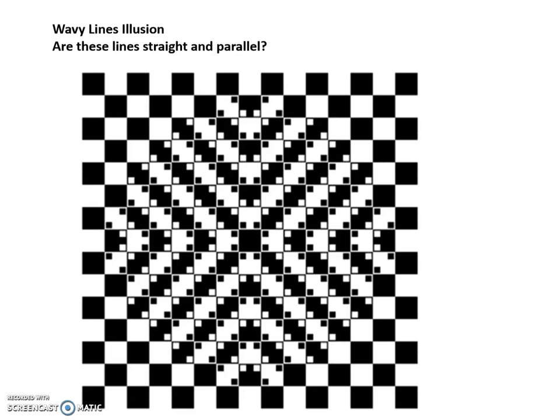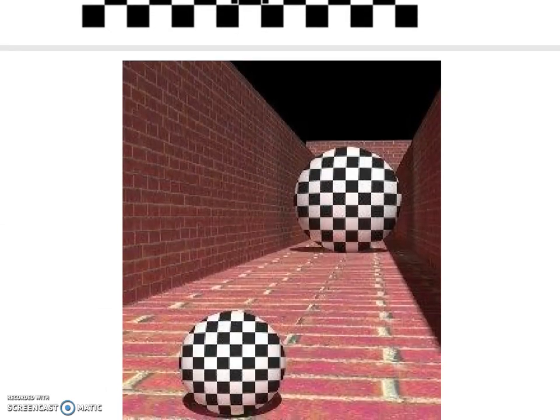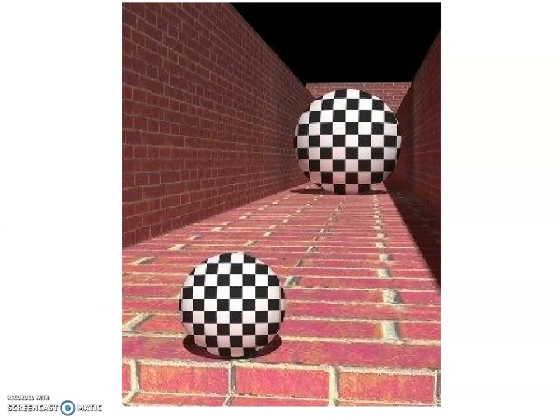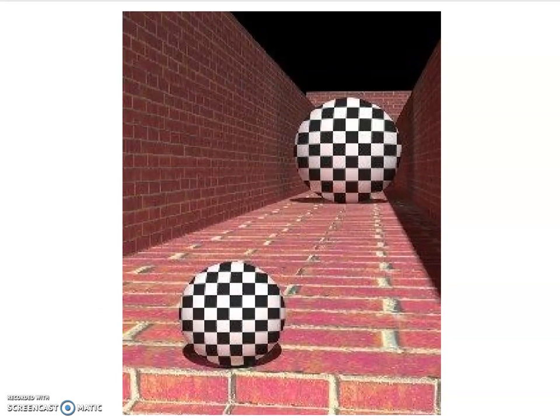But your brain is making stuff up based on learning and past experiences of looking at something similar. Here also is depth perception. We automatically perceive something that is farther away as bigger. So these two balls have exactly the same size, but because this one is perceived as farther back, your brain makes you think that it must be bigger.